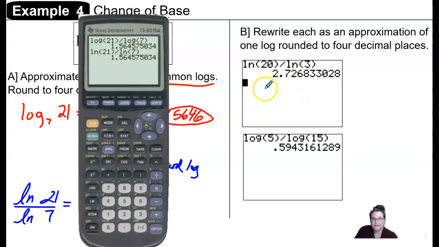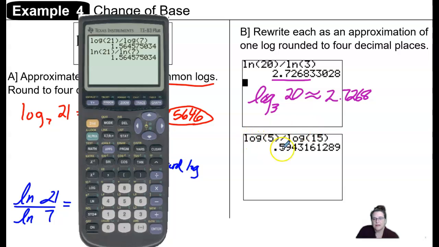To write that as 1 log, we would condense that using the change of base property as a log base 3, because the 3 is the argument in the denominator, of 20, because that's the argument from the numerator, and then that is approximately equal to 2.7268, rounding to 4 decimal places.